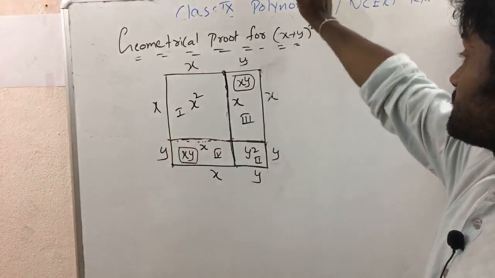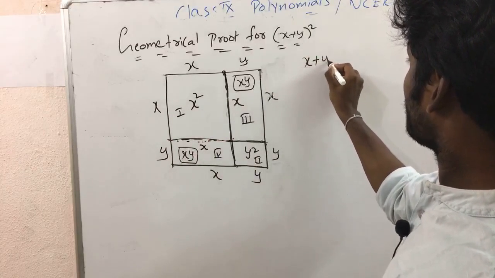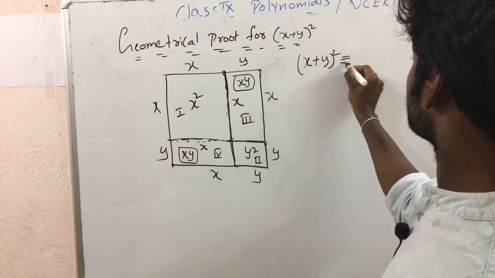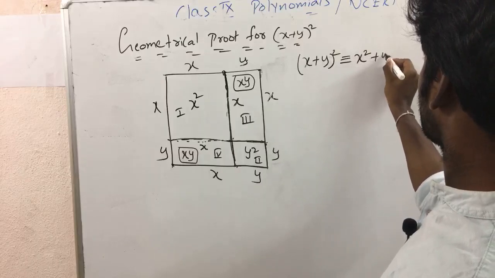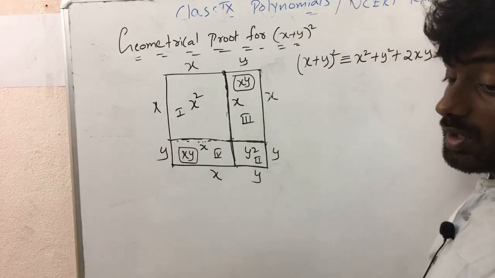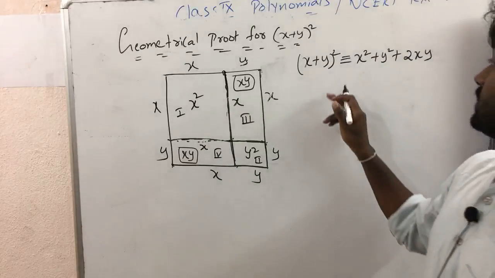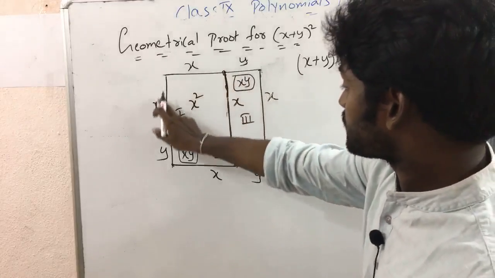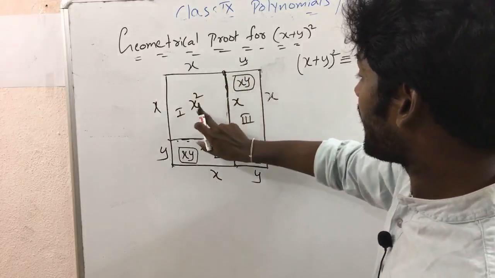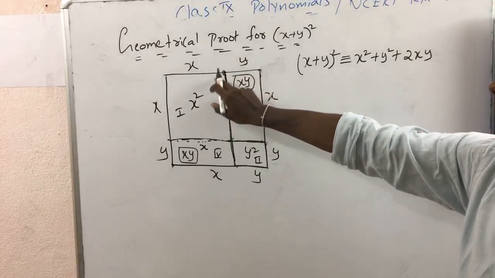Now check once. What is the formula we have? x plus y whole square equals x square plus y square plus 2xy. Now see, this is x plus y whole square. That means if we add all these four parts, we have to get x plus y whole square from this geometrical figure.